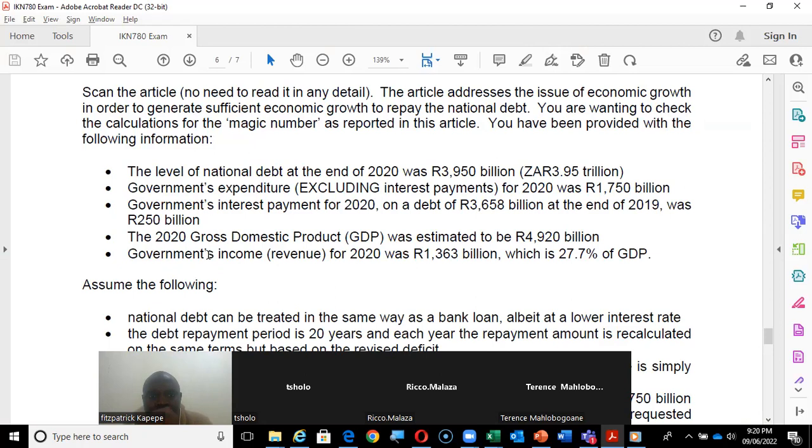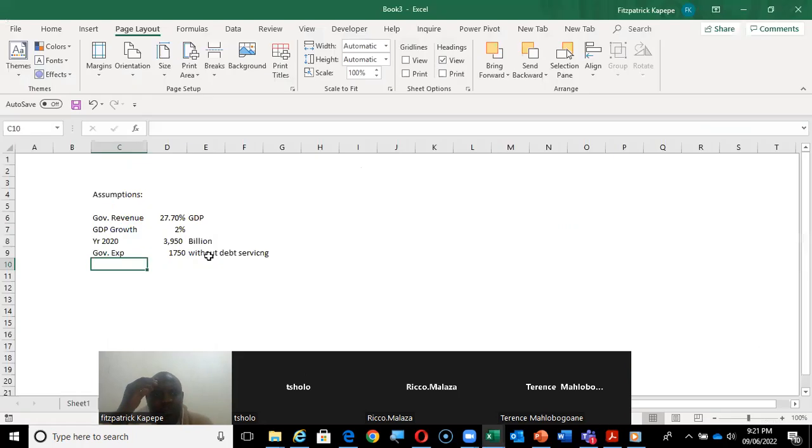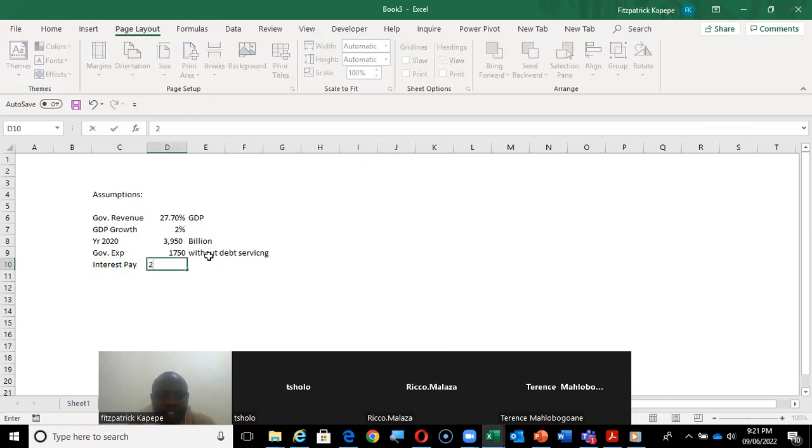Okay. So government's interest payment for 2020 on the debt of 650 at the end of 2019 was 250. Interest payment for the base year was 250.